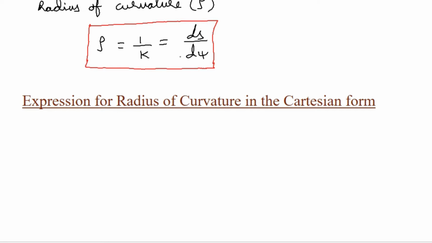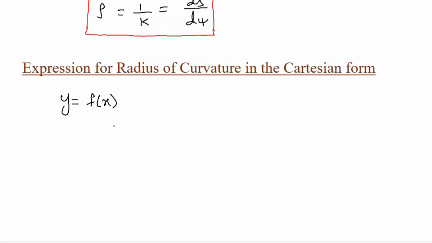Suppose I consider the Cartesian curve y = f(x). For this given curve, the radius of curvature can be written as rho = (1 + y1 squared) to the power of 3/2, whole divided by y2.